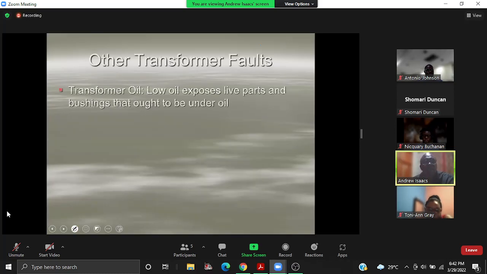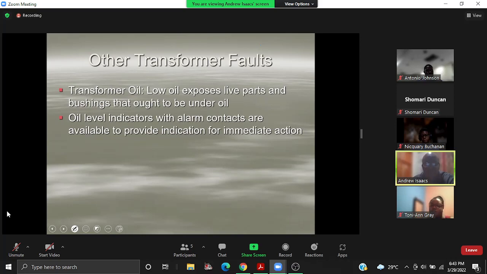And then lastly, low oil. So you have oil level indicators. If there's somehow a leak on the system, causing the oil to escape, I dare say you will actually go into the substation and see areas around the transformer looking greasy.